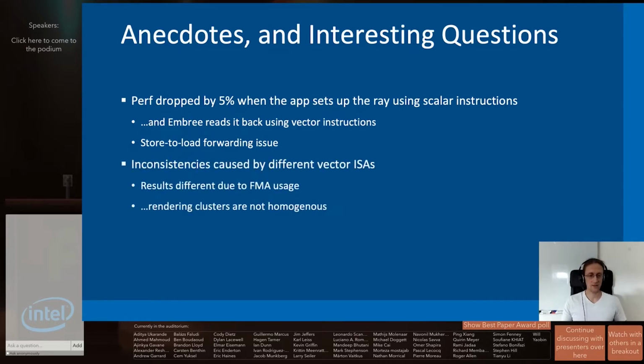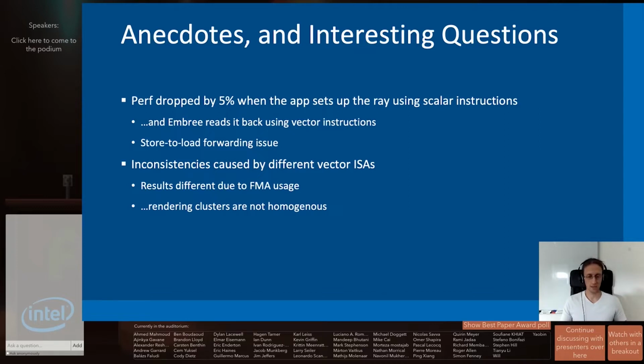Next is inconsistencies with vectorizers. The problem was that customers reported inconsistent image generation on their large rendering cluster. And the reason is that they had different machines with different CPUs. And some of these CPUs didn't support fused multiply-add instructions.